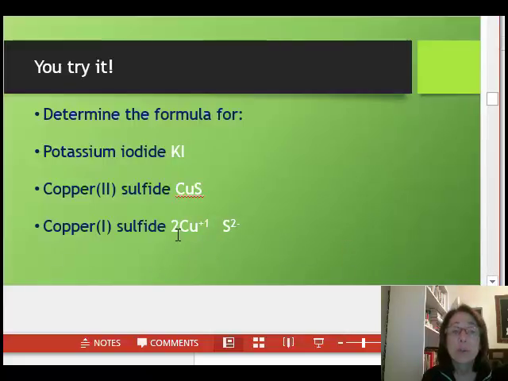We need 2 cations with a +1 charge to cancel out the -2 charge of the sulfide. Thus, the formula for copper 1 sulfide is capital C, lowercase u, subscript 2, capital S, which means there are 2 copper 1 cations for each sulfide anion for an overall charge of 0.